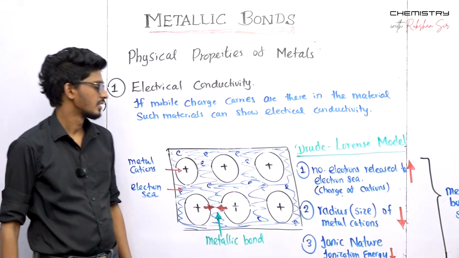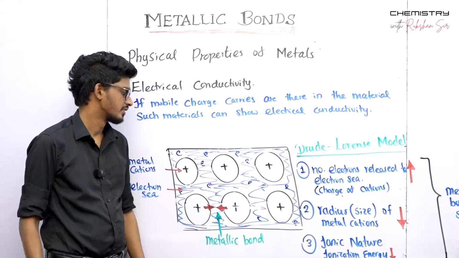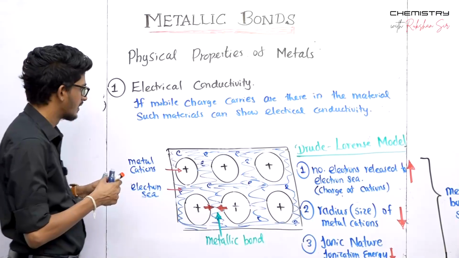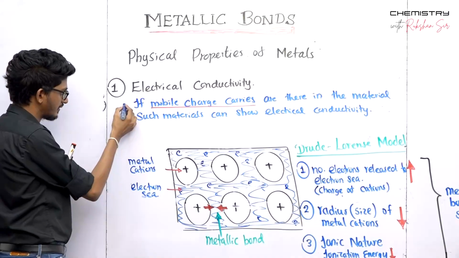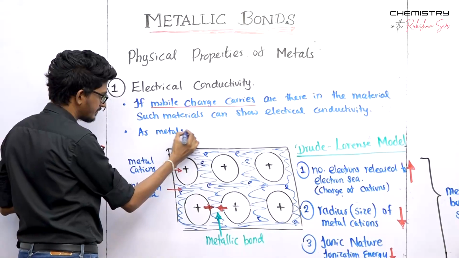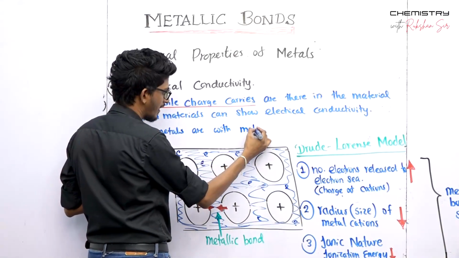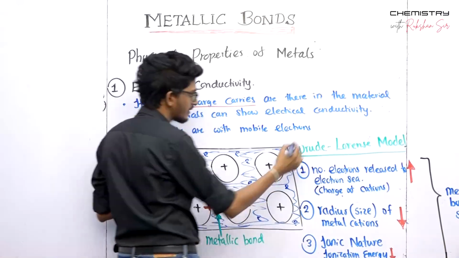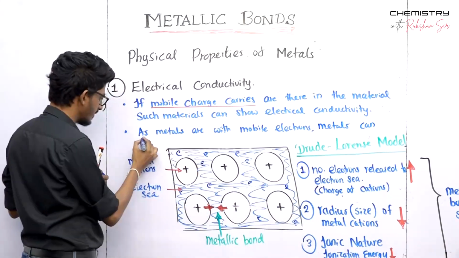In metals, you have mobile electrons as mobile charge carriers, so metals can conduct electricity, as metals have movable electrons, which appear in the electron sea.